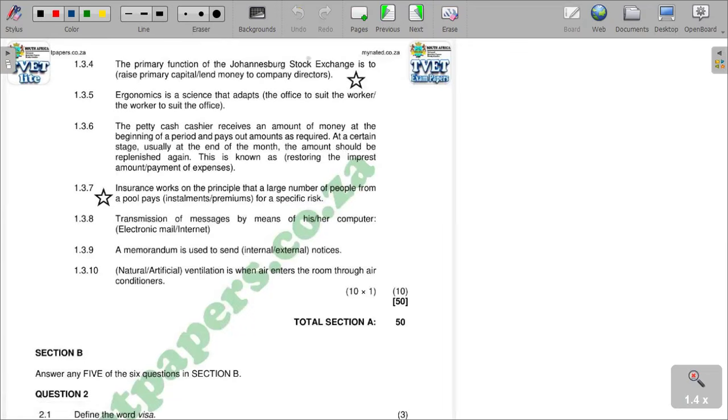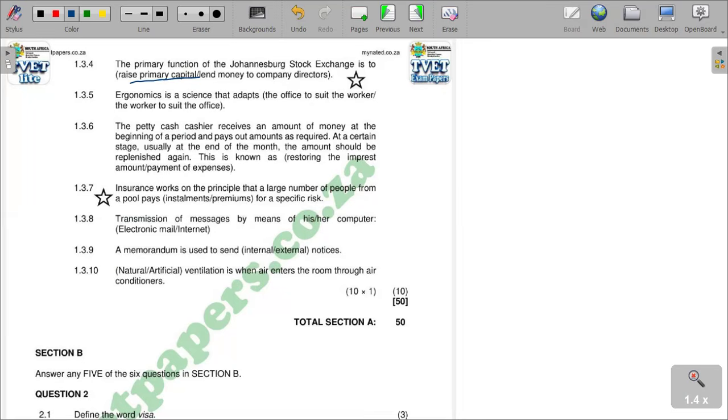The primary function of the JSE Stock Exchange is to raise primary capital, not to lend money to the directors, but to raise money for capital.